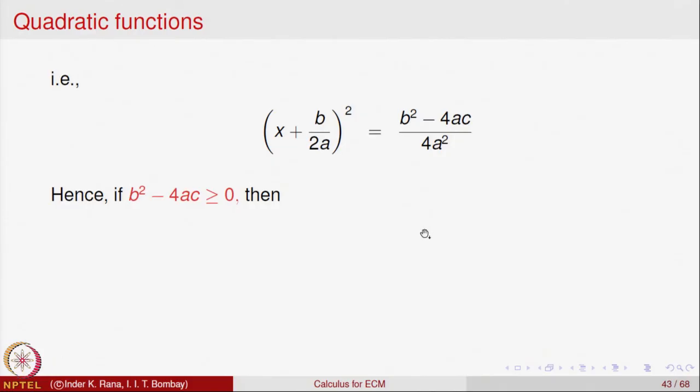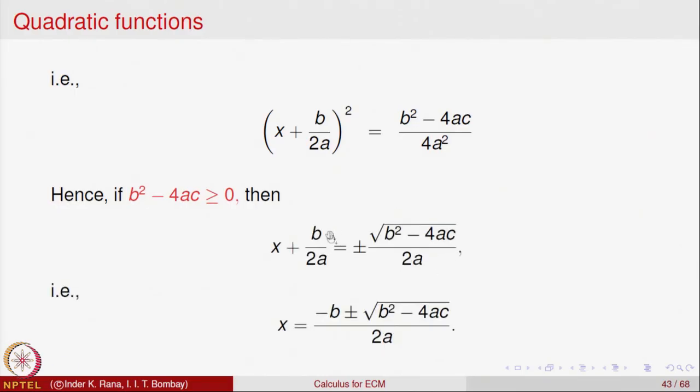That gives x + b/2a equal to plus or minus the square root of this quantity, which is the square root of b² − 4ac divided by 2a, since the square root of 4a² is 2a.